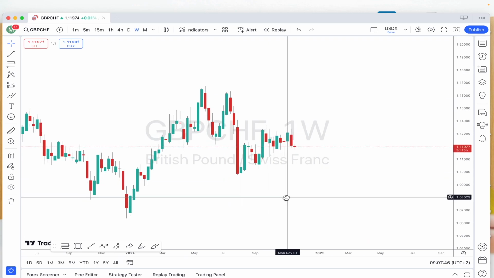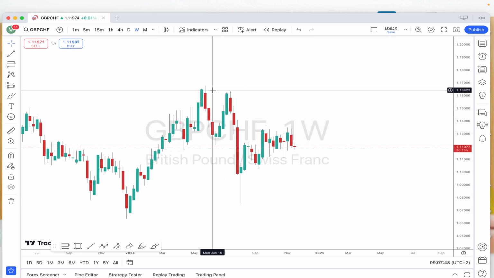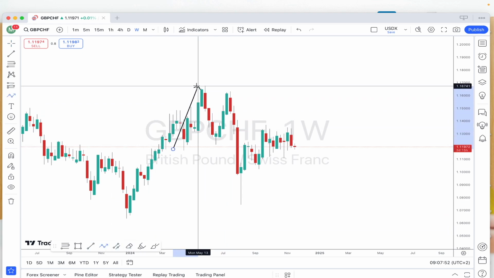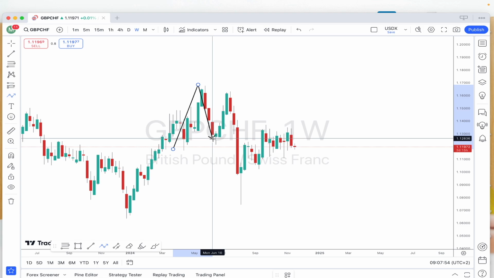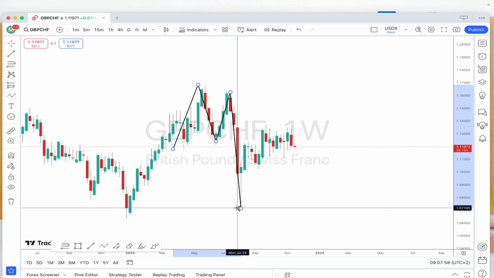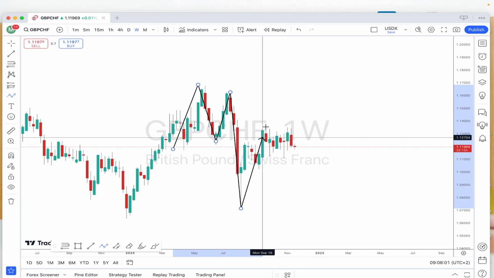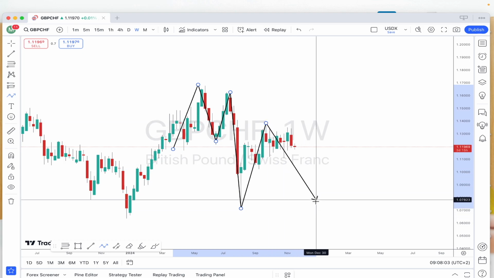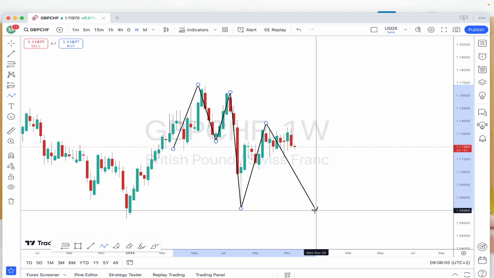Now looking at this, you can see that we've got a double top, and the market went down, and after that the market retraced back, and the market is supposed to go down.